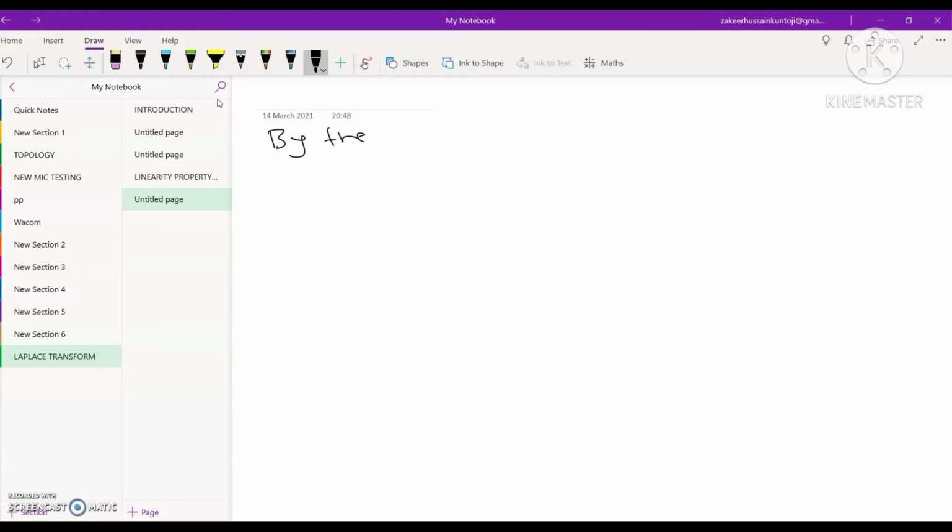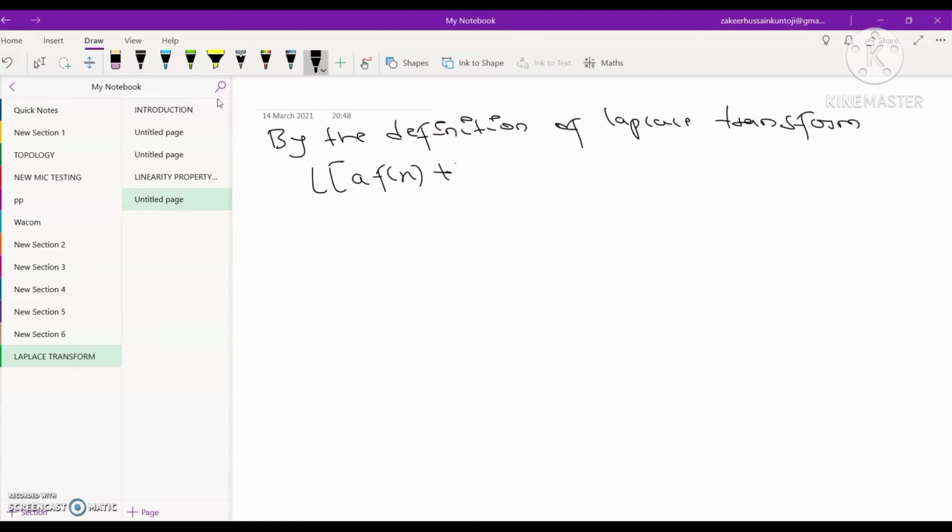By the definition of Laplace transform, L of a of f of x plus b of g of x will be the integral from 0 to infinity of e raised to minus sx times a of f of x plus b of g of x dx.